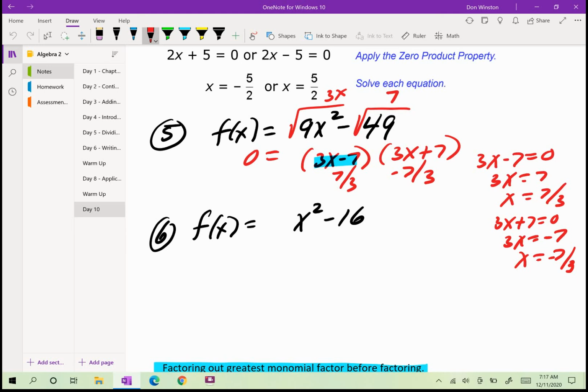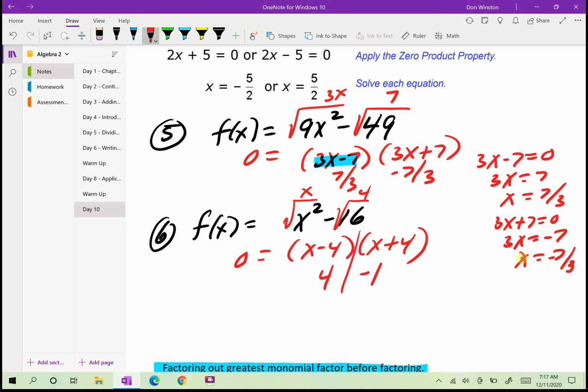And then number 6: the square root of x squared is x, and the square root of 16 is 4. So we will have x minus 4 times x plus 4, and my zeros would be 4 and negative 4.